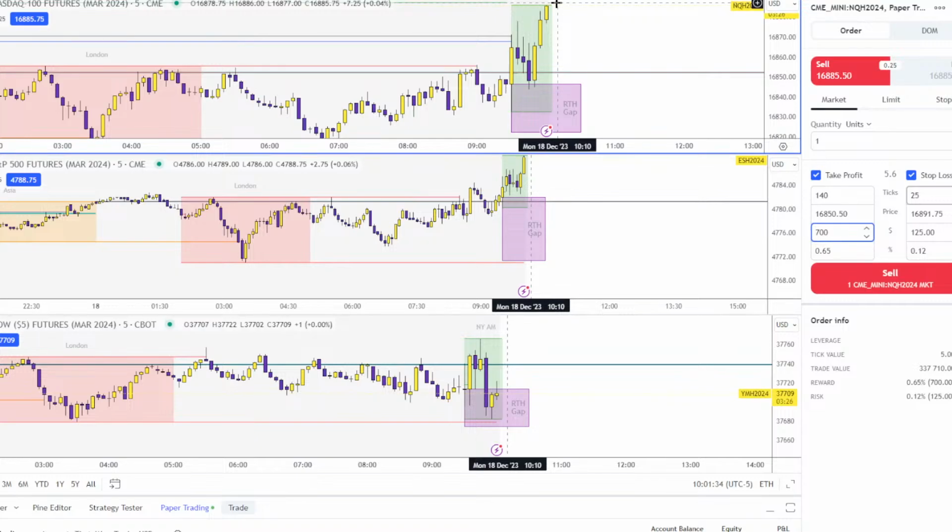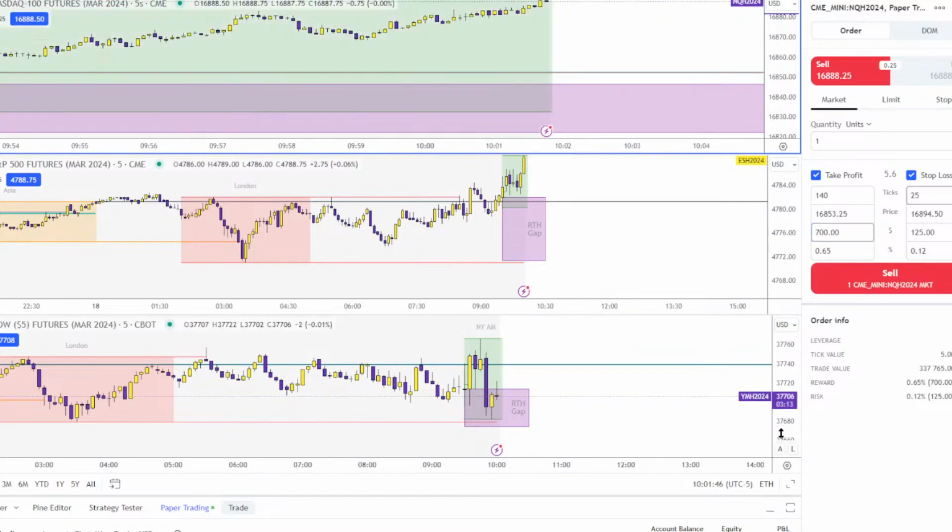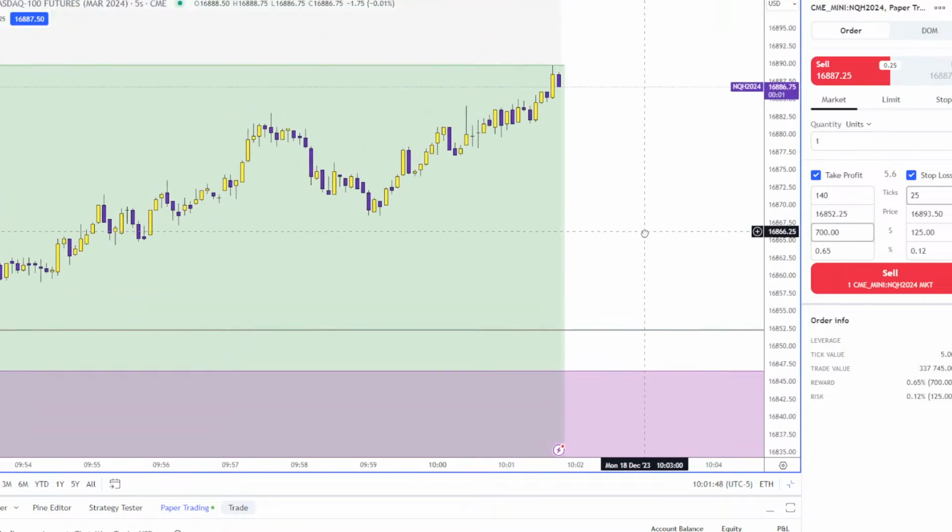Oh, we'll do the 5-second entry. How's that? As soon as that pops up above there, we look for the 5-second. There we go. Now we'll go to the 5-second, and we'll look for an entry at 5 seconds.